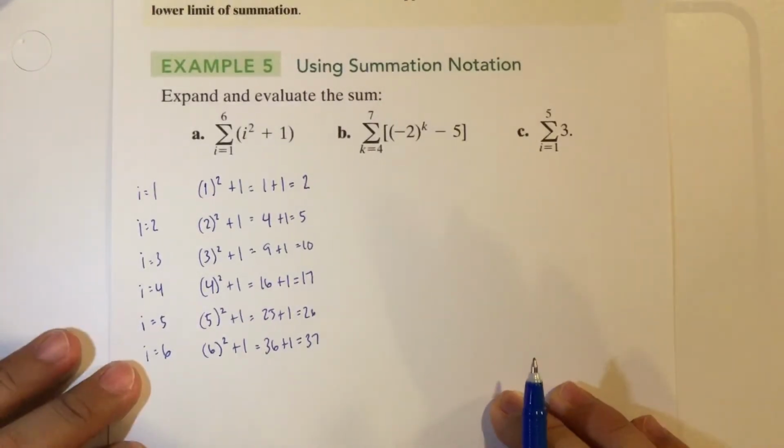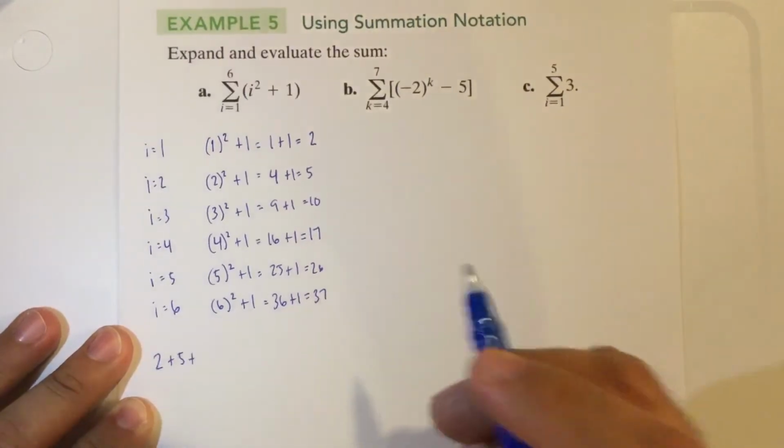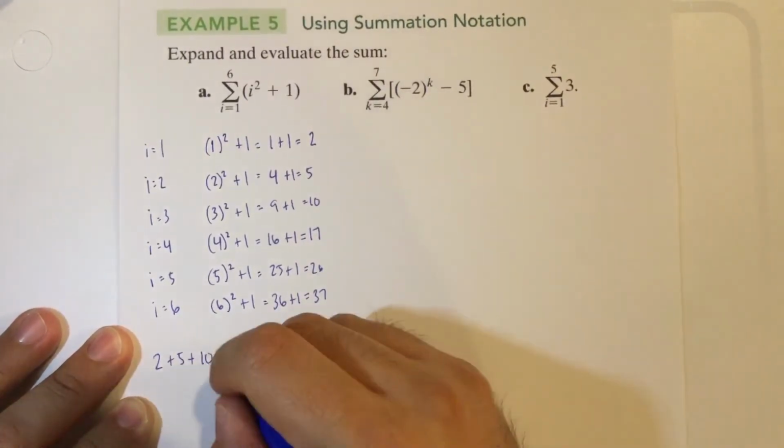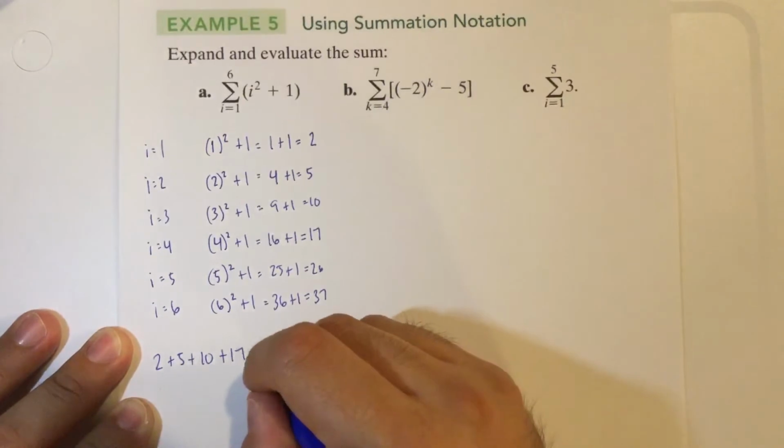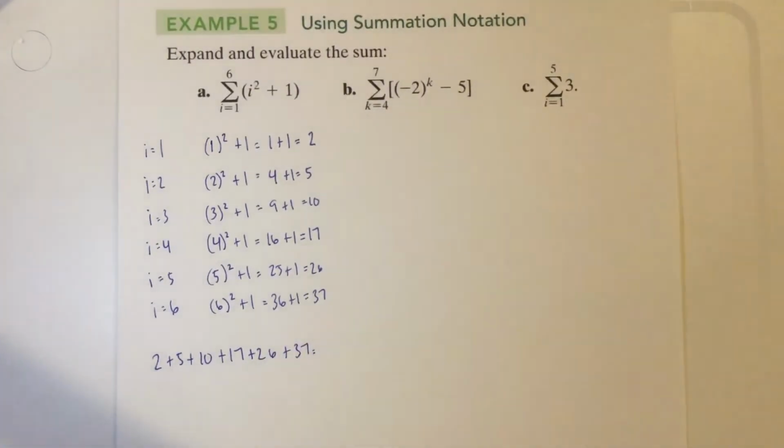Now we're going to take all these values and add them up. So 2 plus 5 plus 10 plus 17 plus 26 plus 37. I'm just going to put these in a calculator because I don't want to make small errors here.